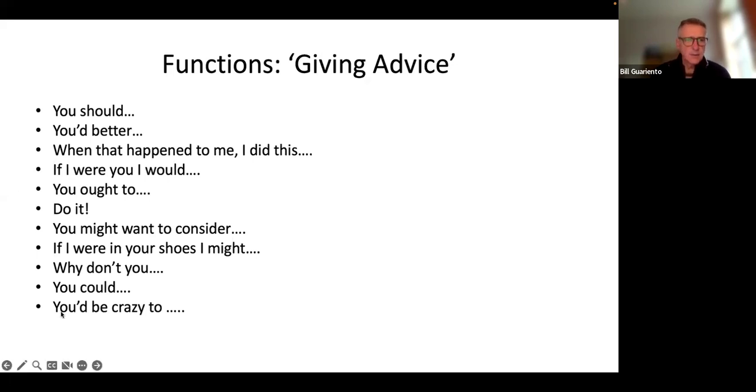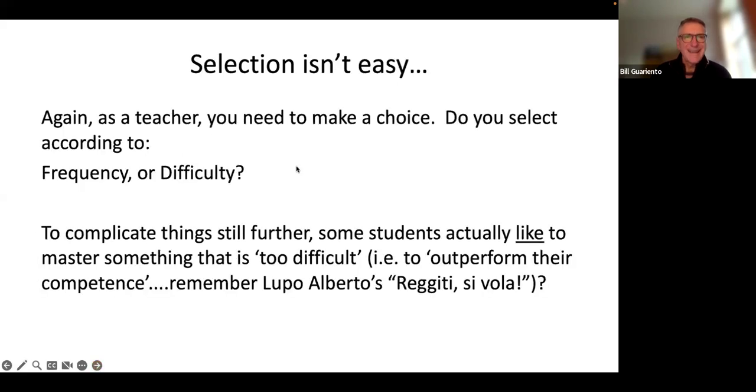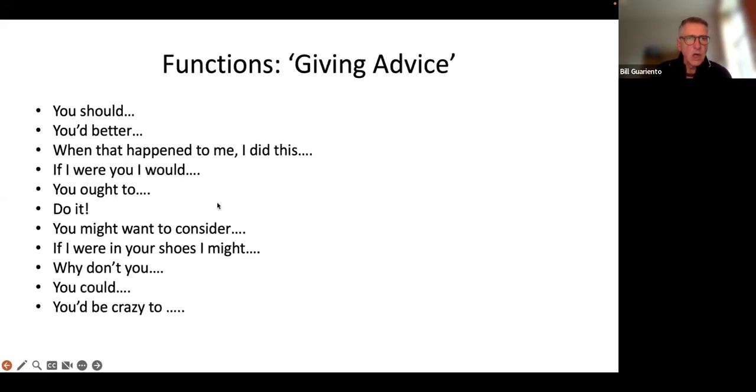So as a teacher, selection isn't easy. As a teacher, you need to make a choice. Which of these would you choose if you want to teach the function of giving advice? Which of these would you choose for your students?